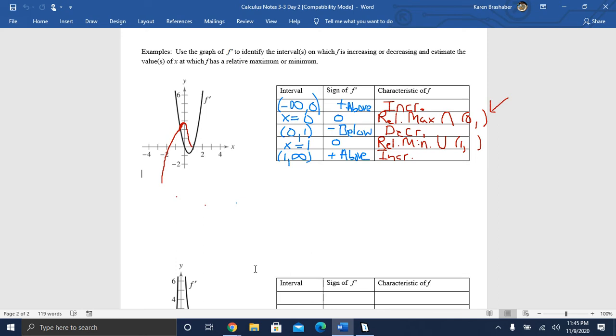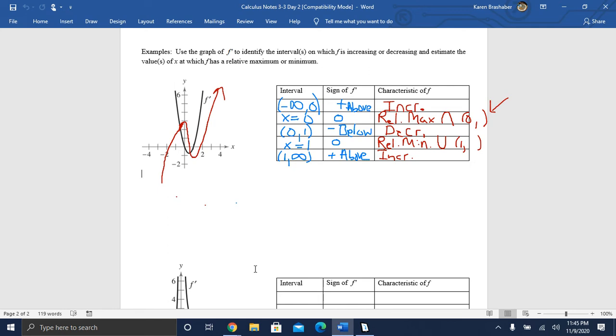And that might happen at the x-axis, but we don't know that for sure. So it could happen above or below that x-axis. We don't know, but we know that it happens at 1, that we have a relative min, and then the graph increases again.